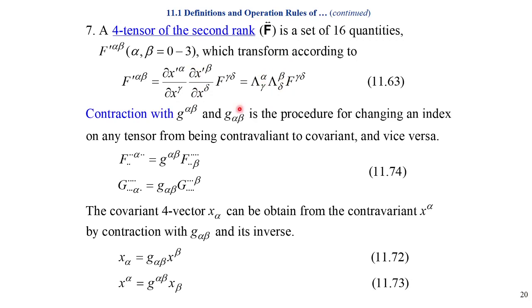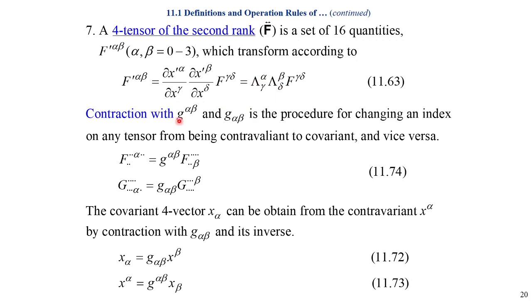That means if we want to transform a 4 vector, we need just one Lorentz transformation. If we want to transform a 4 tensor of the second rank, we need 2 Lorentz transformations. It implies that for a 4 tensor of the third rank, we need 3.